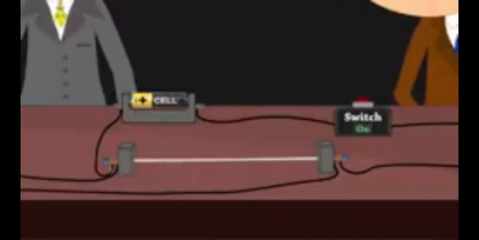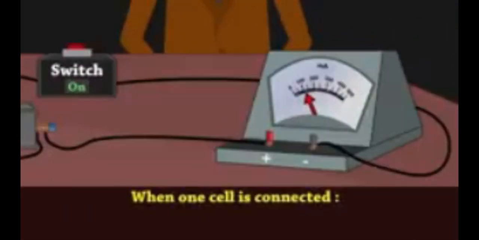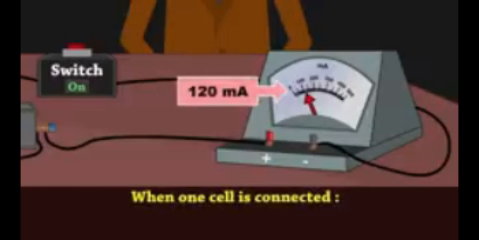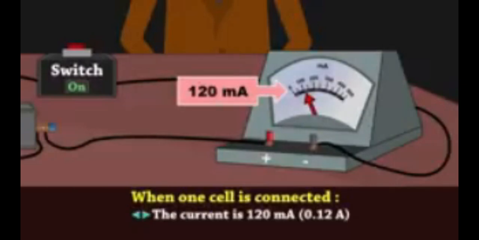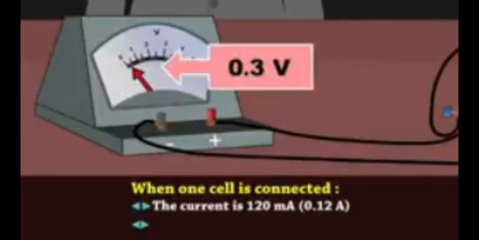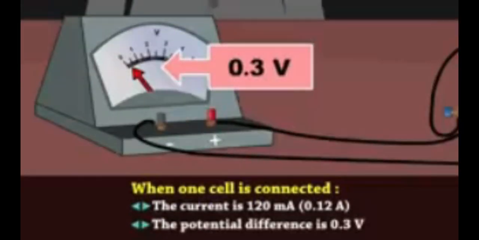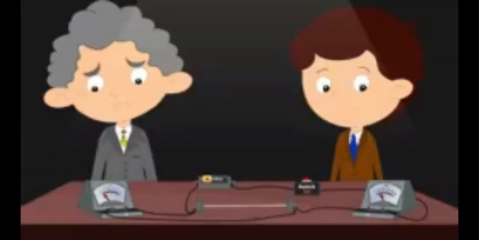For one cell of 1.5 volt, the milliammeter gives the reading of 120 microampere, that is 0.12 ampere. And the voltmeter gives the reading of 0.3 volt. That means for a cell of 1.5 volt, the current measured is 120 microampere or 0.12 ampere, and the potential difference is 0.3 volt.